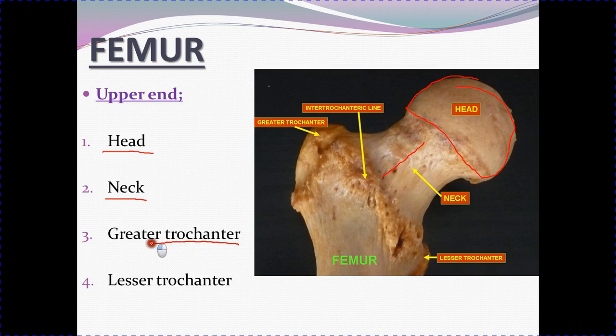It has a greater trochanter, which is a prominent mass, and a lesser trochanter. You can see in the figure, this small elevation is called the lesser trochanter. So the upper part of the femur has four important characteristic features: head, neck, greater trochanter, and the lesser trochanter.